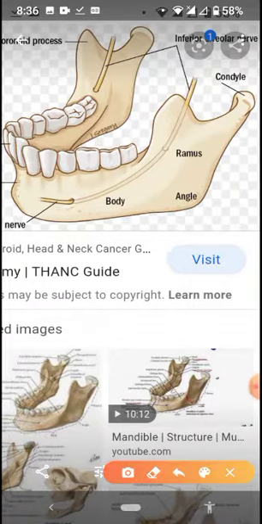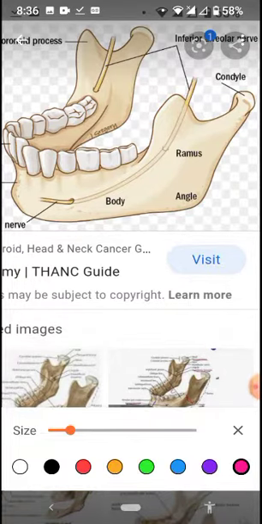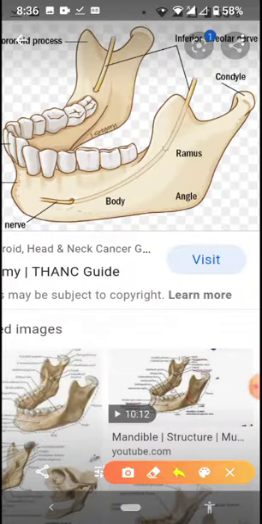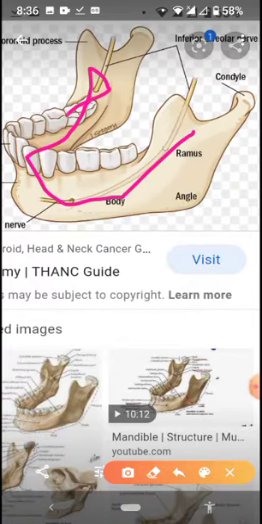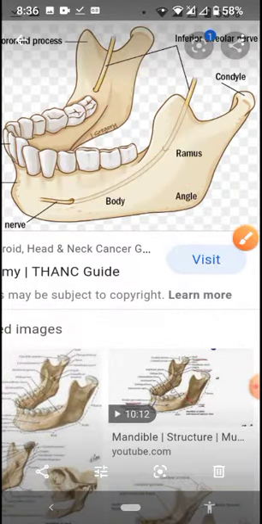Today we are going to study the mandible, and this is the mandible bone in front of you. This is the mandible bone, forming the lower jaw, and it is the largest bone of the skull.